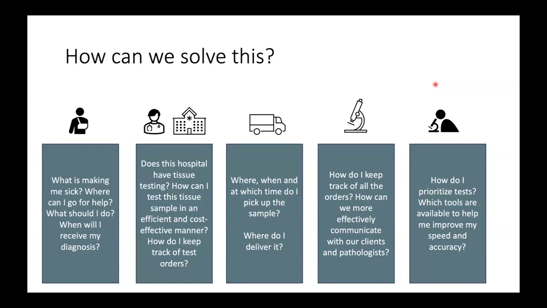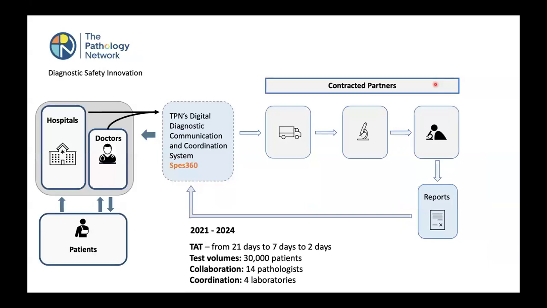So all of these things can be addressed by systems. Our company went about solving this problem through diagnostic tech-enabled innovation. We created a digital diagnostic communication and coordination system that sorts out all this mess, so that we're the ones who coordinate and communicate and answer all these questions for these different people.